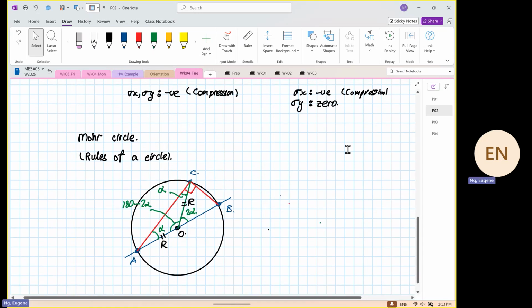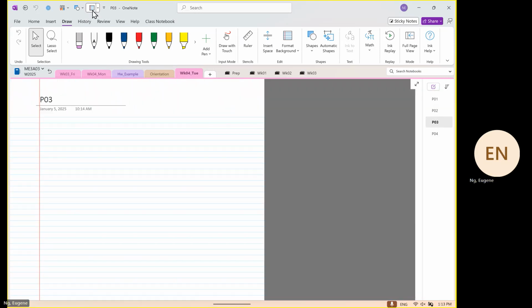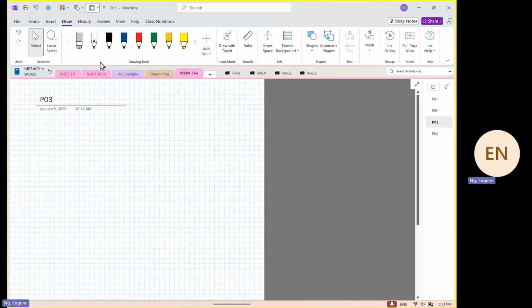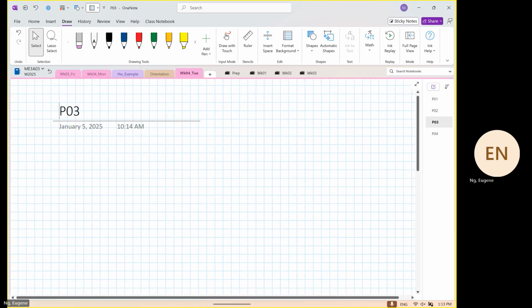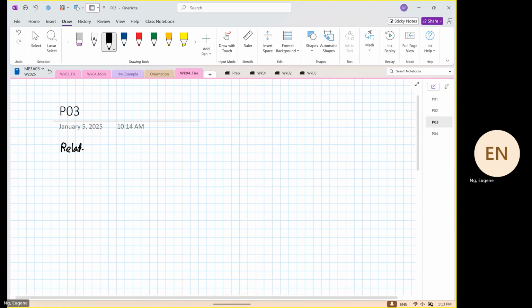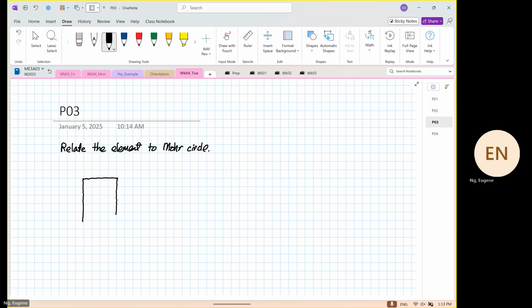Right. So from here, the next thing that we're going to do is relate the element to Mohr circle. So we will sketch out an element over here.